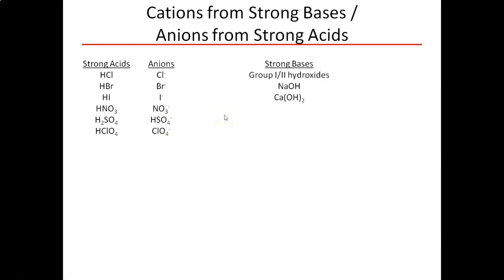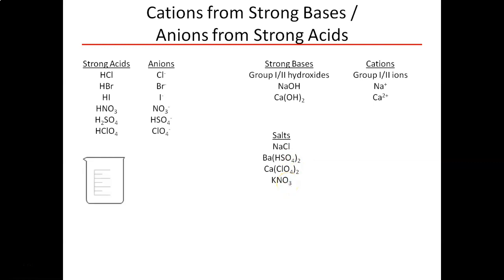And then we can identify our strong bases. And we know that they're group 1 and group 2 hydroxides, and we have 2 examples here, and identify their cations. So therefore we're looking for salts with these cations and these anions. So for example, these salts.